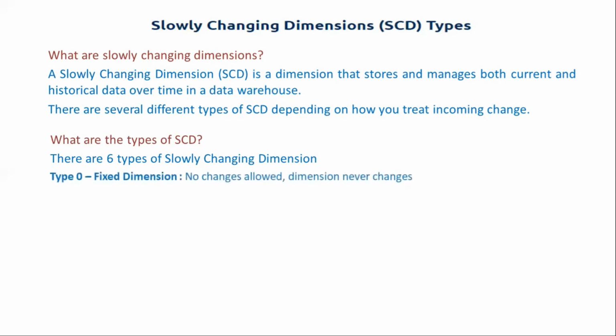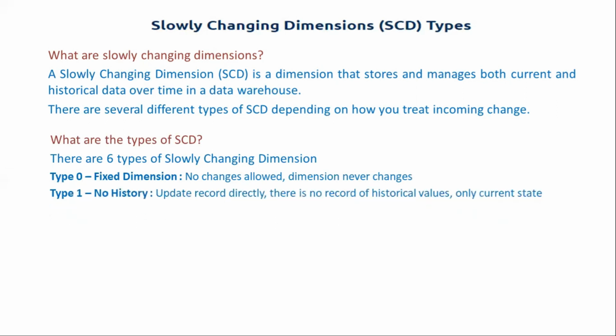Okay, so type 0, fixed dimension. I will discuss each type in detail. First of all, let me walk through how many types we have. Type 0 is a fixed dimension. There is no change; even if the data changes in the source system, we don't change it after the first load in our data warehouse.